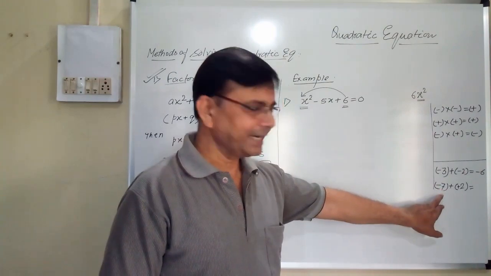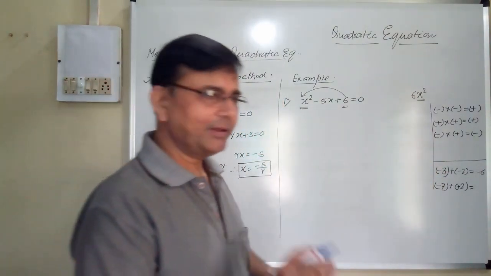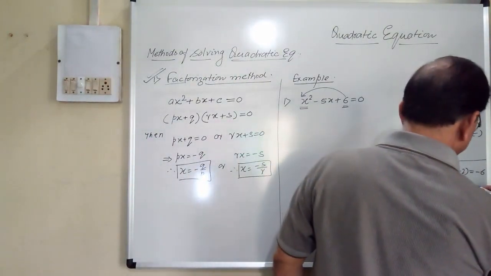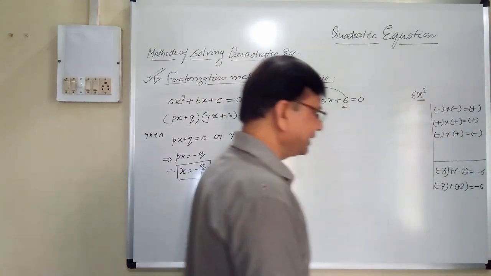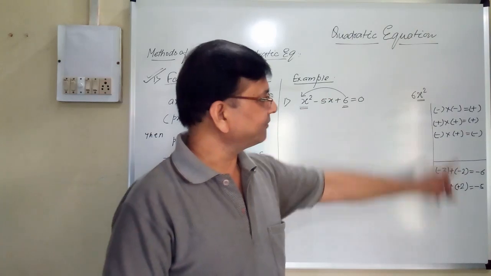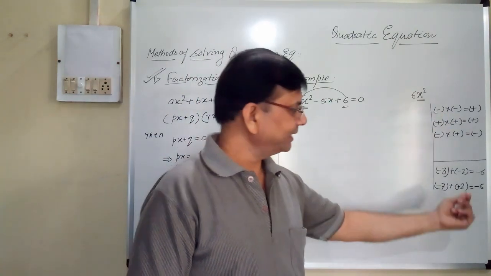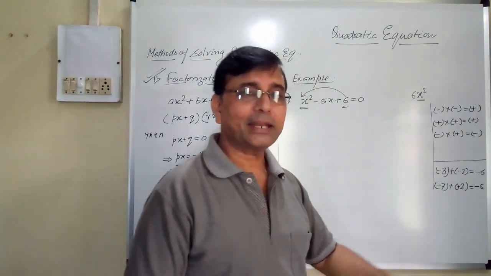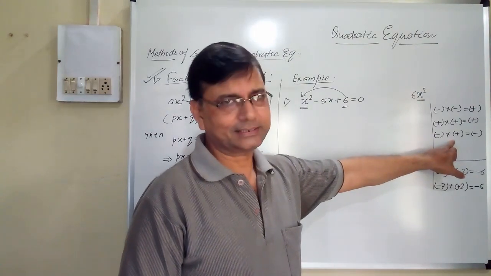The bigger number is negative. So again the sum will be negative, that is minus 5. But see, here the product of these two numbers will be positive according to this. But here the product of these two numbers will be negative according to this.